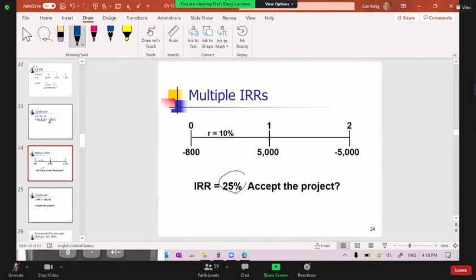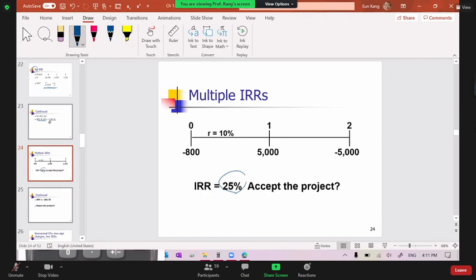So do you want to take the project? Looking at the cash flows, you wouldn't. Looking at the IRR, you would want to take it, but looking at the cash flows, you wouldn't. So what's your decision? Well, if you were just basing on the IRR, you would want to take it.